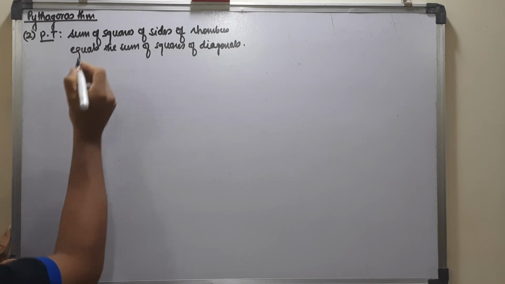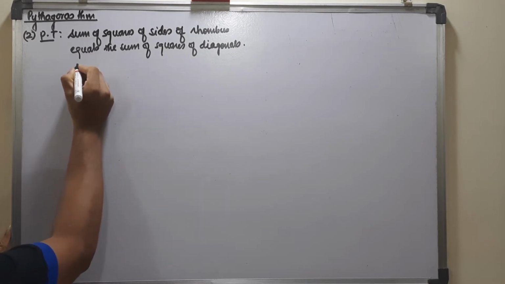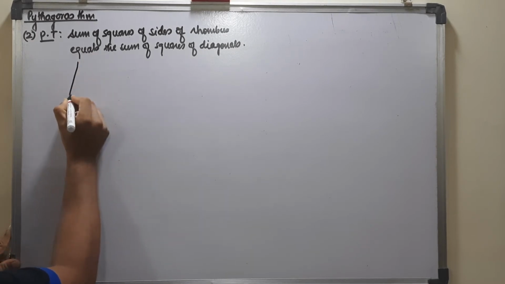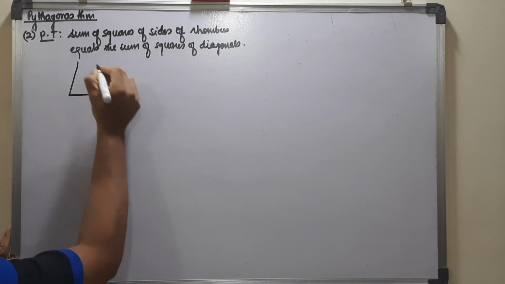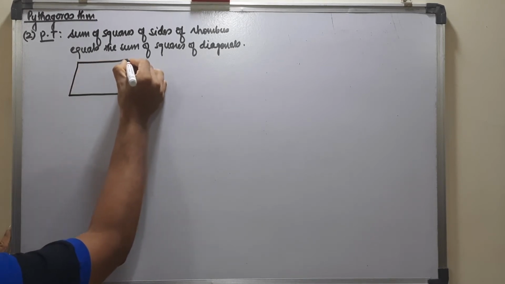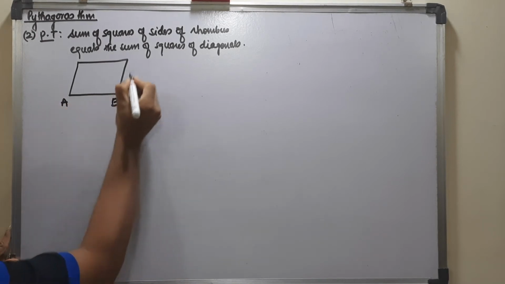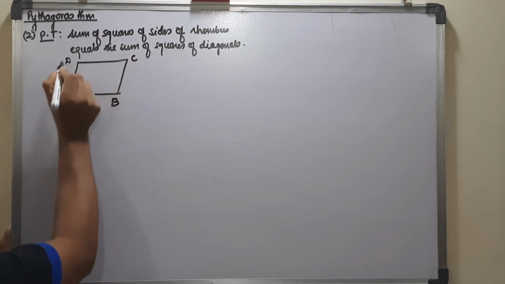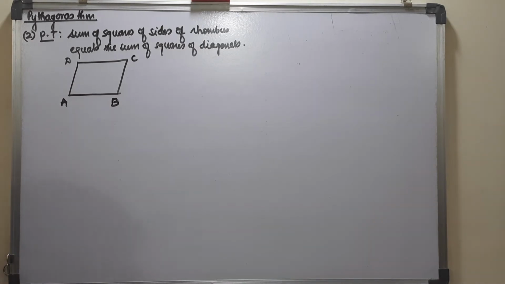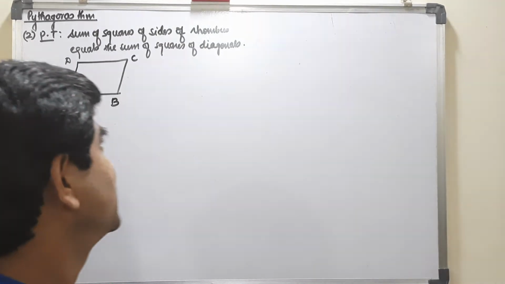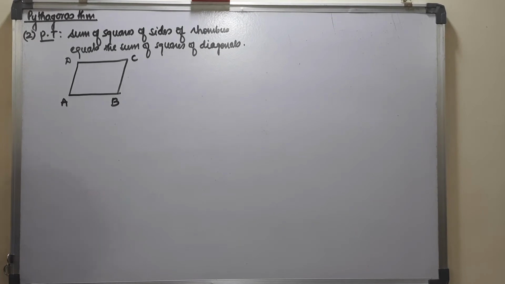It is rhombus. So here obviously it will have all the sides equal. Agreed? So this is your rhombus. We draw it slightly slant so as not to get confused with square. Okay, so this is my rhombus.